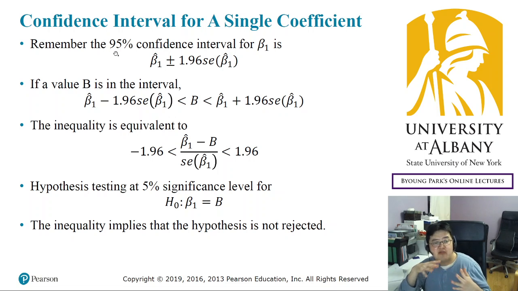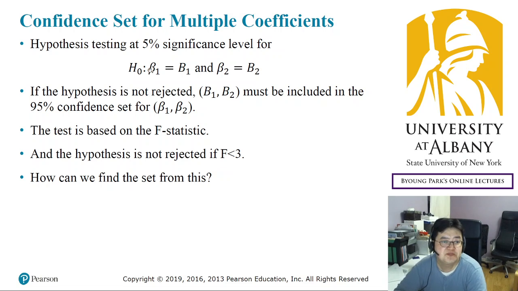Now, if you use this idea, we know how to test multiple coefficients at the same time. That is the F statistic. And using the hypothesis testing for a joint hypothesis, we can construct a joint confidence set. So extend the idea.